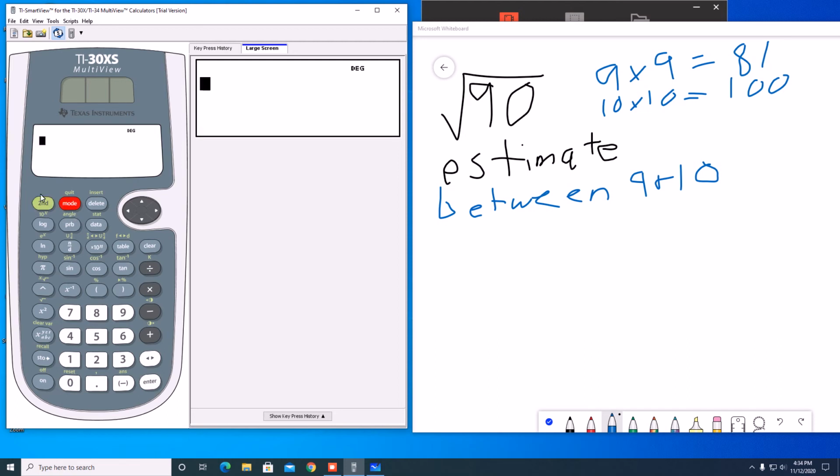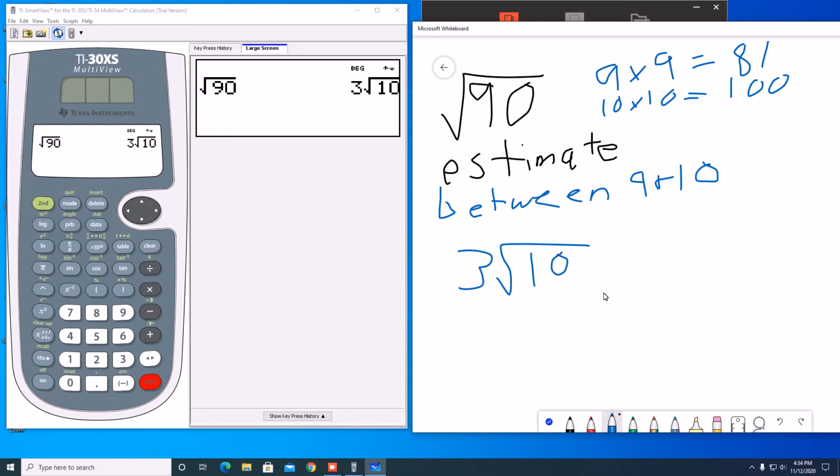So now I'm going to do this again. Hit second, x squared, and then I'm going to type 90 and hit enter. So it gives me this answer of 3 square root of 10. So the number 3 comes from them getting the square root of 9. So I know that the square root of 9 is 3.